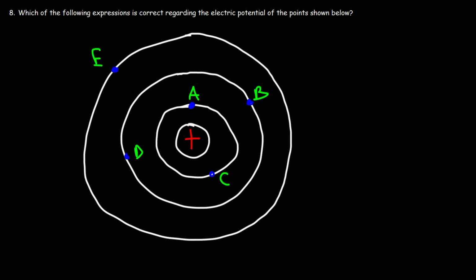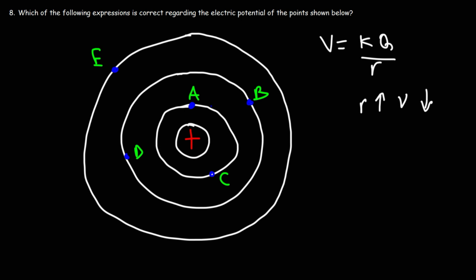So rank the electric potential relative to the positive charge of each of these points. So remember, the electric potential generated by a point charge is V equals kQ over r, where r is the distance between the point charge and the point of interest. So as r increases, the electric potential decreases. As you move away from the charge, the potential decreases.